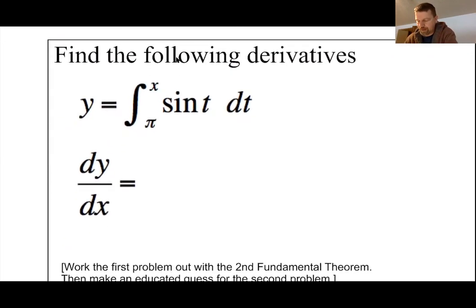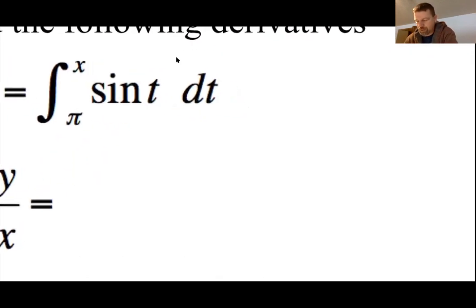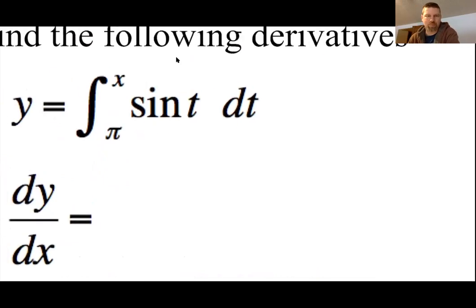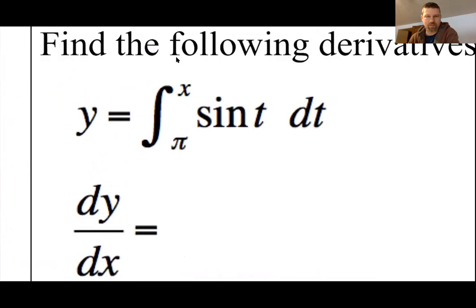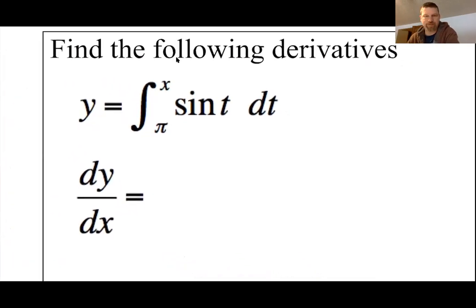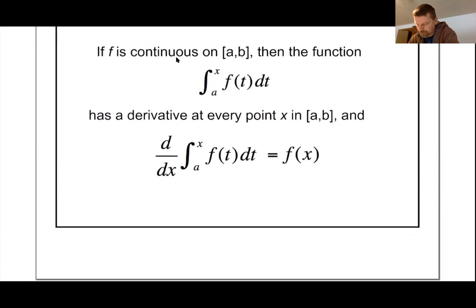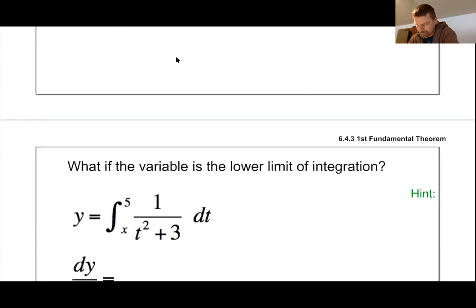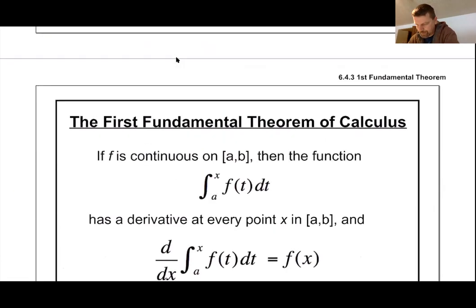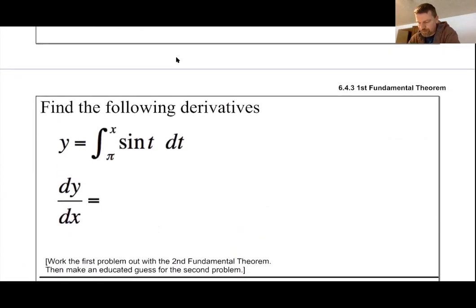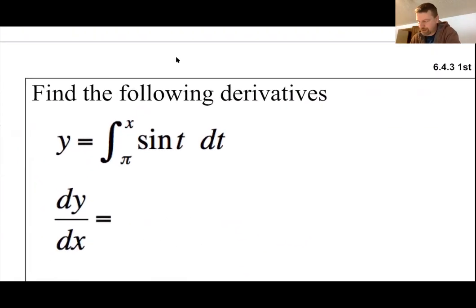All right. So today we're going to do a weird one. We're going to do things like this. We're going to find the derivative of an integral. Often, this problem will be written like this.